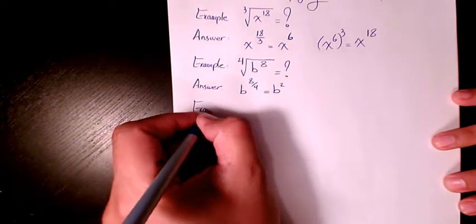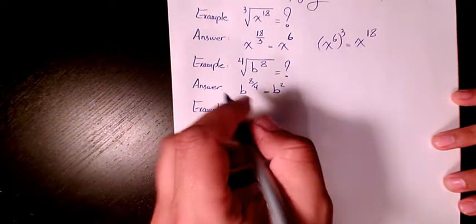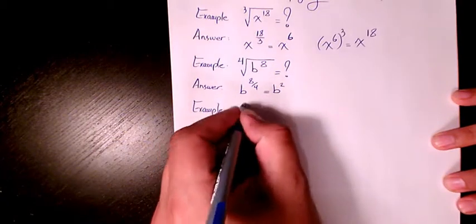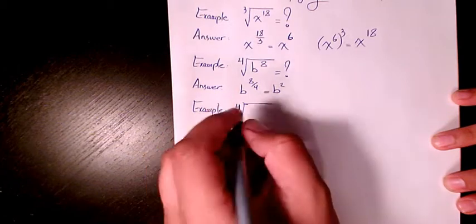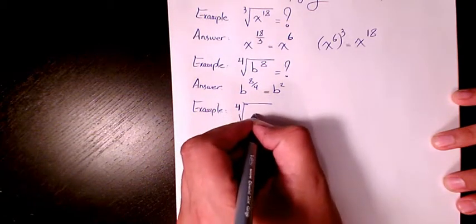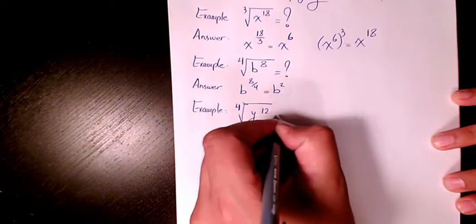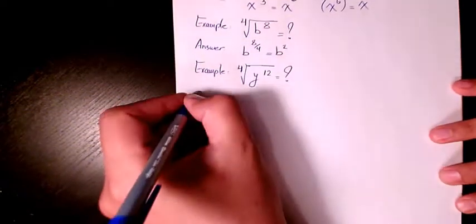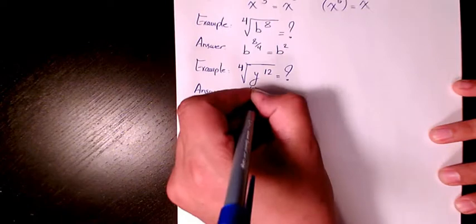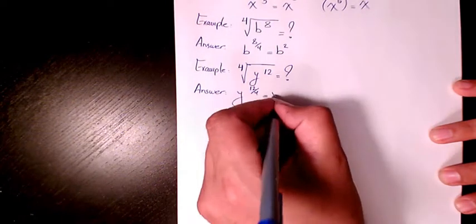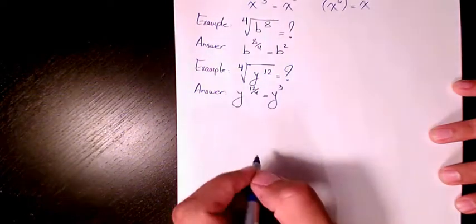Next example, the fourth root of y to the power of 12. The answer is y to the power of 12 divided by 4, which will be y cubed.